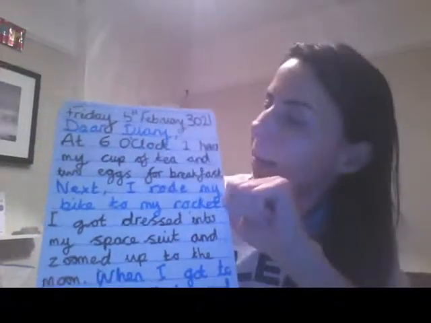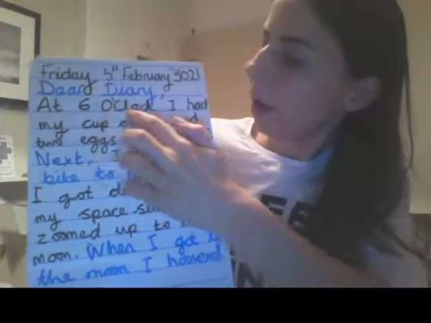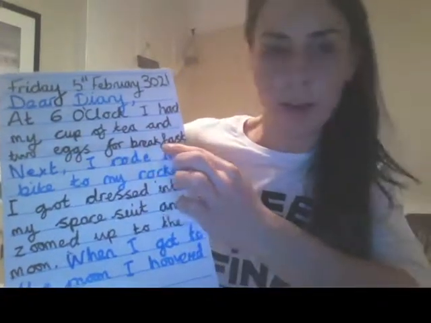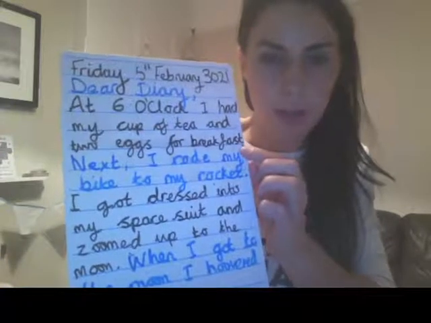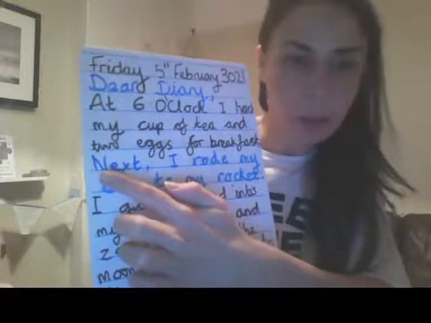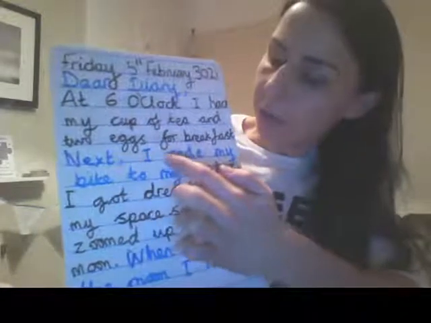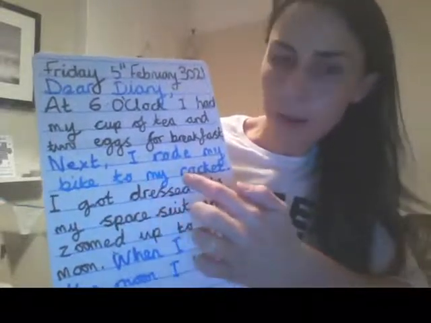So can you read it with me as we read along? See if I can make it better for you. Okay. At 6 o'clock, I had my cup of tea and 2 eggs for breakfast. That's our full stop. So you can clap at the full stops, remember. And then after a full stop, we always start with a capital letter. So what's this word? Can you read it? Next, I rode my bike to my rocket.